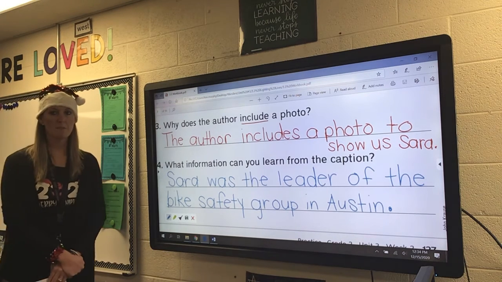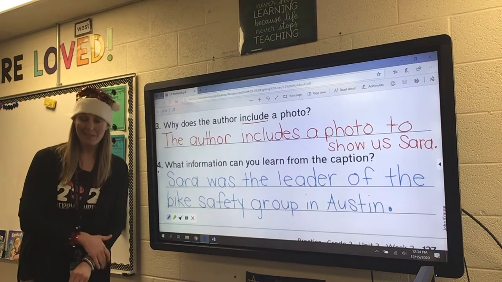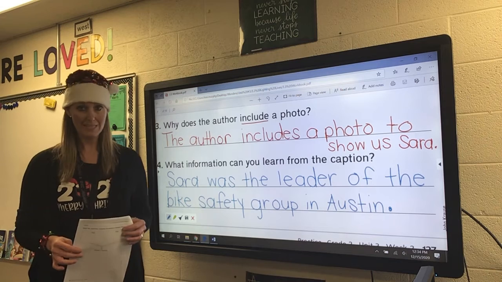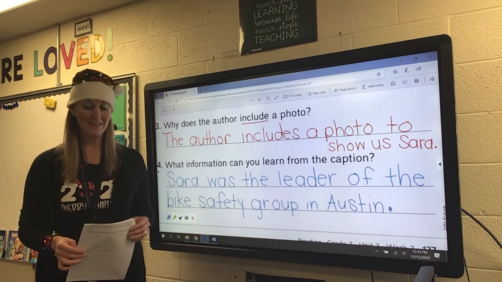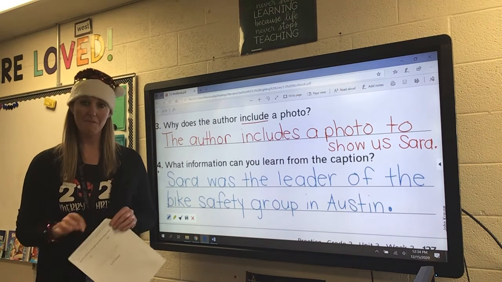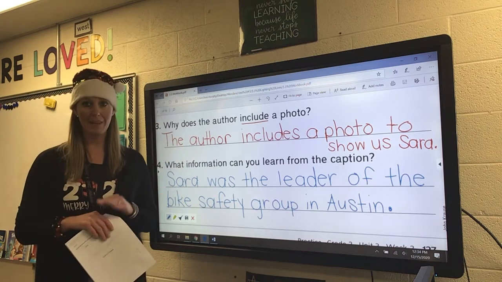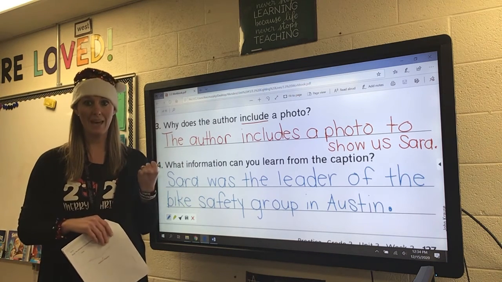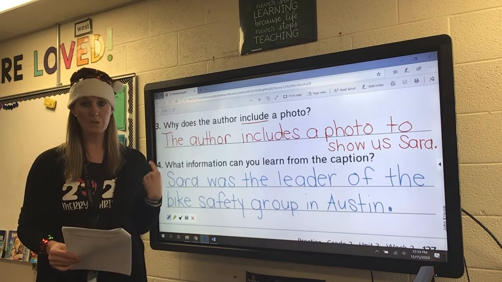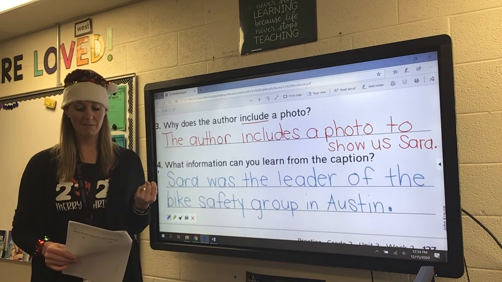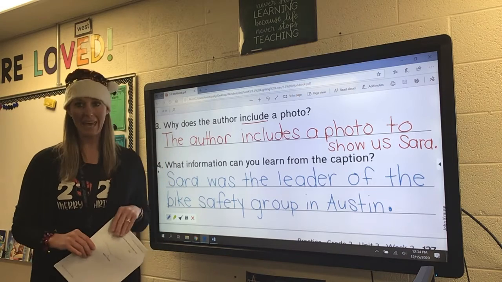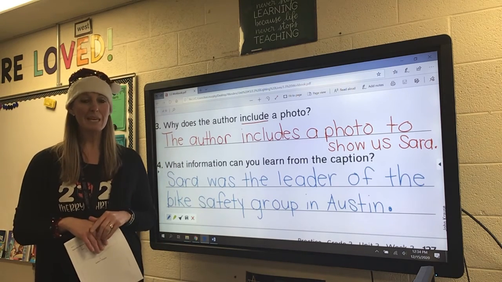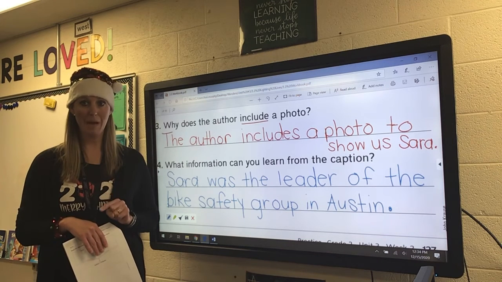All right, Mrs. Murphy is going to end our lesson today on our text feature, which is this nonfiction narrative. And we learned that in order to have a narrative nonfiction, it has to have a story that is being told by a narrator, and it has to have a photo and a caption as its feature. When you get done with this, please keep this in a safe spot.